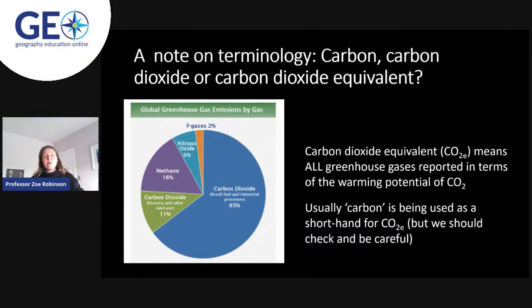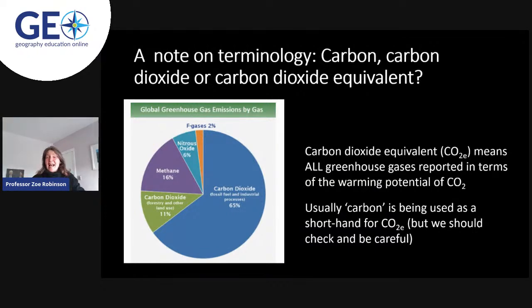But equally, some people say carbon when they're actually meaning carbon dioxide, or they say carbon when they're meaning carbon dioxide equivalent. So I just want to flag up that it's important that these things are different, but you will hear them being used interchangeably.